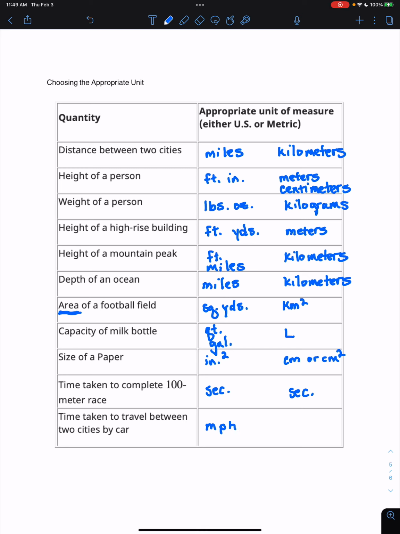And here we would probably use meters or kilometers per hour. So notice that in time, we're also including the distance there as a ratio. So we'll talk more about that as we proceed in our measurement unit.